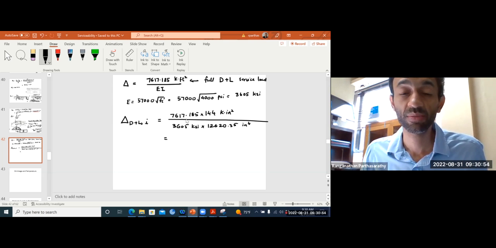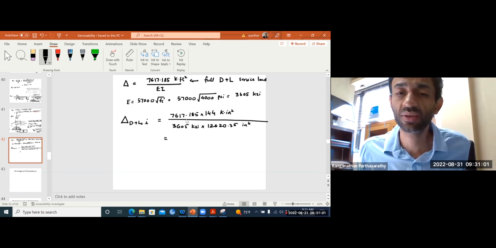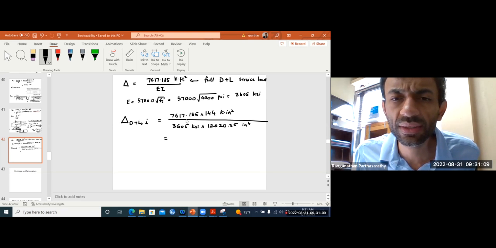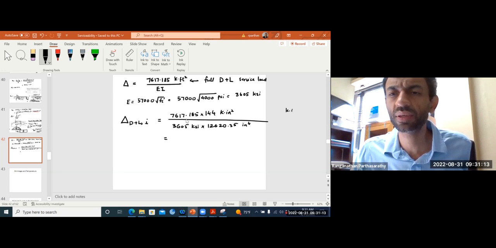What will your answer come out? So this is KSI, kips per square inch. So you take kips out. Your numerator has kip inch square. So we should be left with an inch. So you have kip inch square divided by kips per inch square times inch.